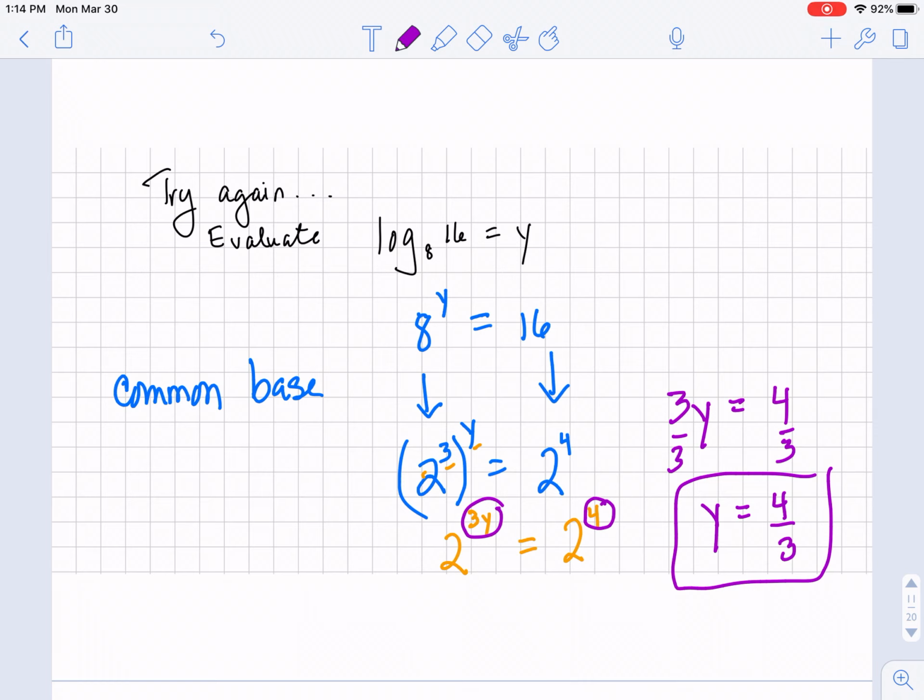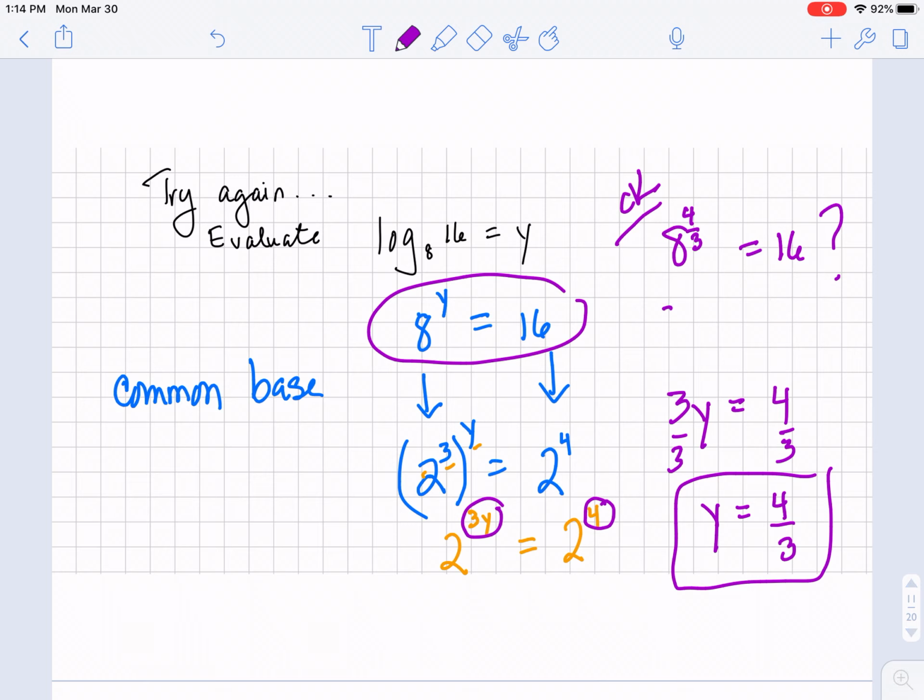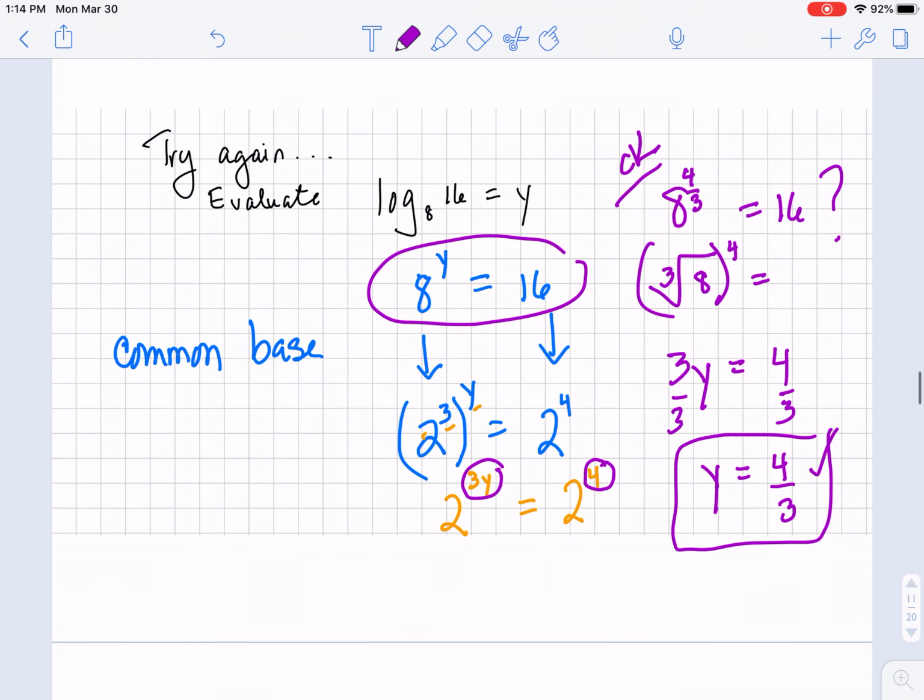If you wanted to check it, does 8 to the 4/3 equal 16? That would be the cube root of 8, the whole thing to the 4th power. The cube root of 8 is 2, and 2 to the 4th is 16, so it does work.